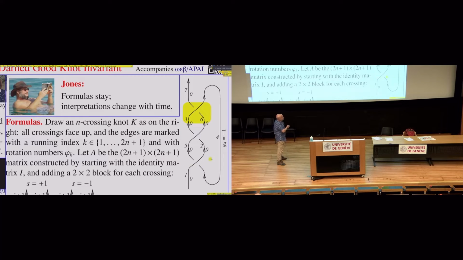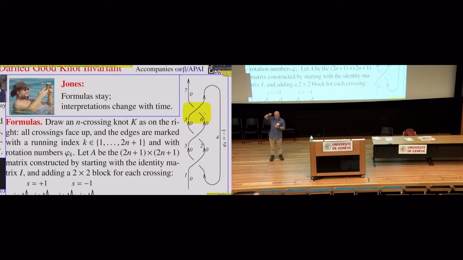And after that, you label every edge with two labels. One label is just a running index. So this is edge number 1, this is edge number 2, number 3, this one, the long one, is number 4, then number 5, then number 6, and so on. And secondly, you mark each edge by its rotation number, phi sub k. So edge number k will have a rotation number phi sub k. Now, all the edges by design begin vertical up and end vertical up.